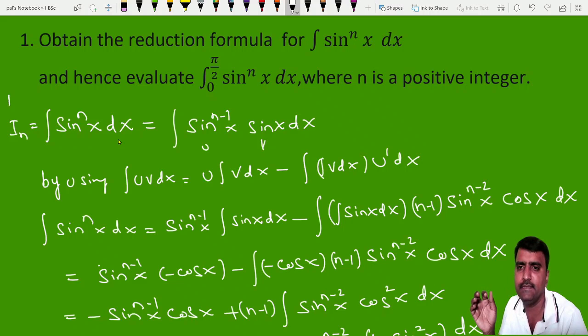So let In be equal to the integration of sine to the power nx dx.